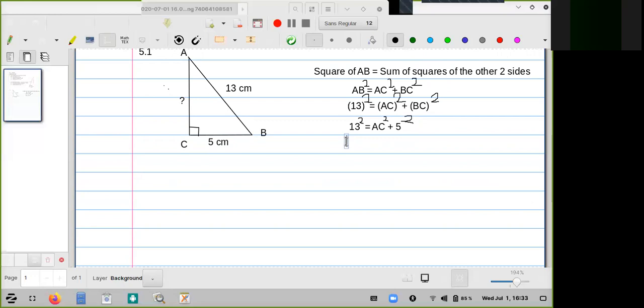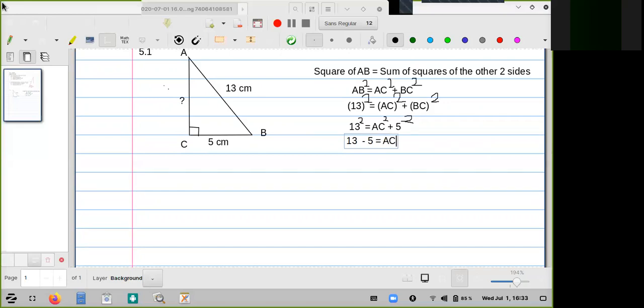Or let me just transpose, right? I'm going to transpose 5 to come over this side. So it's 13 squared. Then let me transpose 5 squared. When I transpose it, it becomes negative 5 squared, which is now equal to AC squared, right?